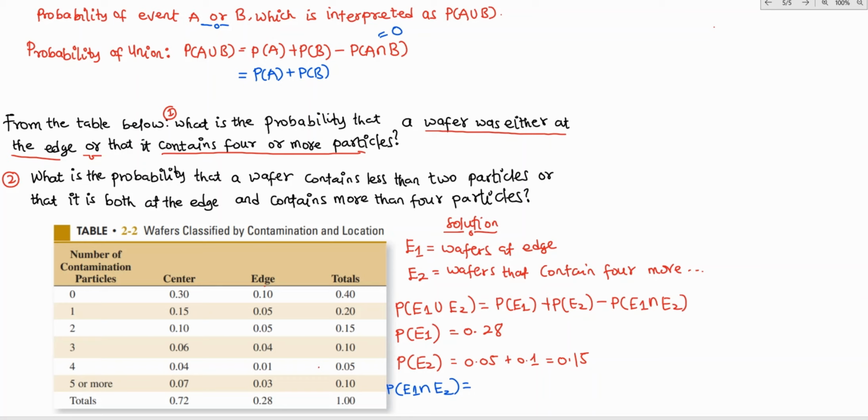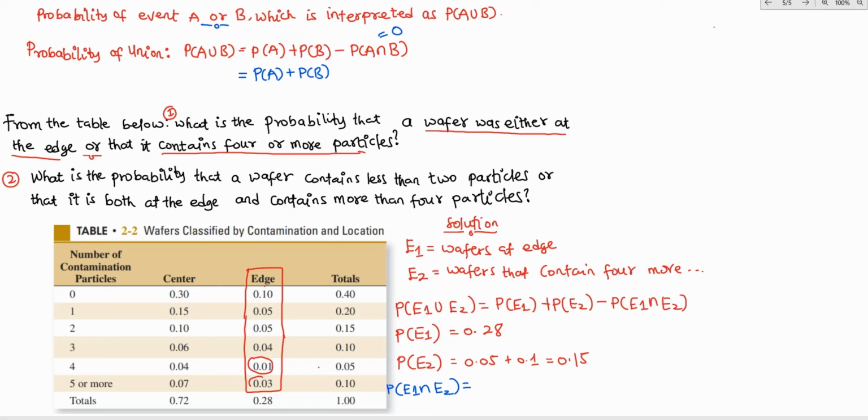So what you have to do is locate the edge column. Okay, you locate the edge column, and then you locate wafers that are in the range of four or more. Looking at four or more, we are going to have 0.01 and then 0.03, which is this and this.